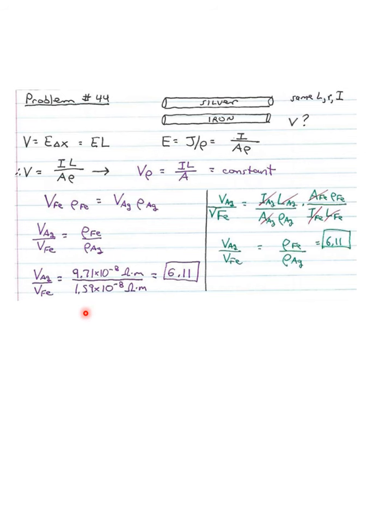And then we can plug in those resistivities, and we get a ratio of 6.11. So the voltage through the silver is actually going to be 6.11 times the voltage through the iron. So the question asks, how do the voltages across the two compare? Well, it's a 6.11 to 1 ratio.